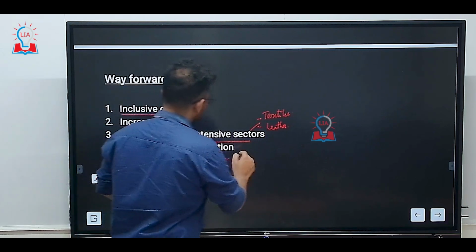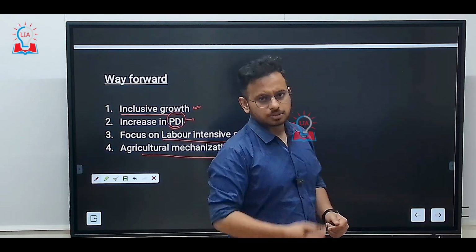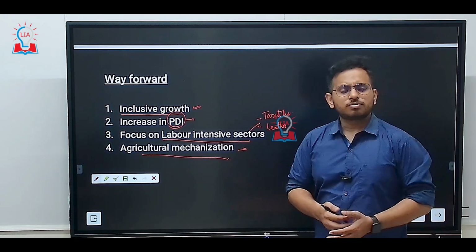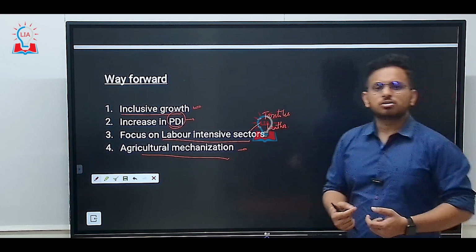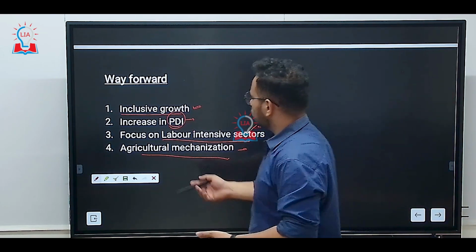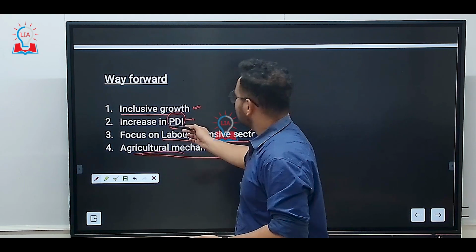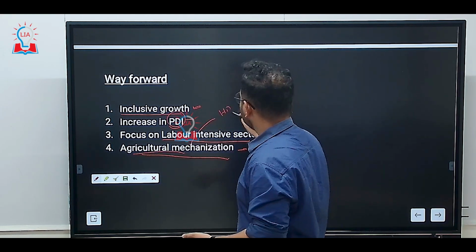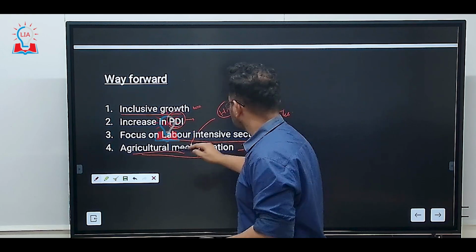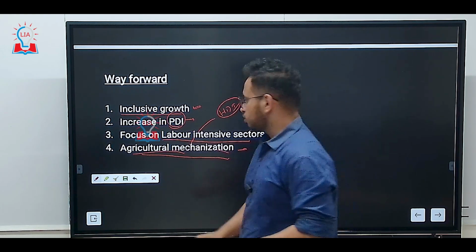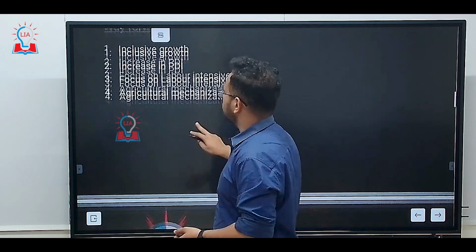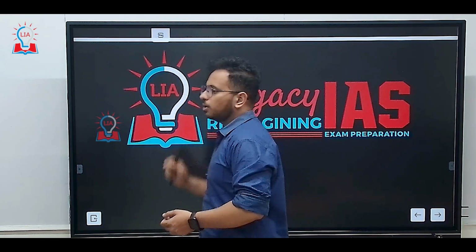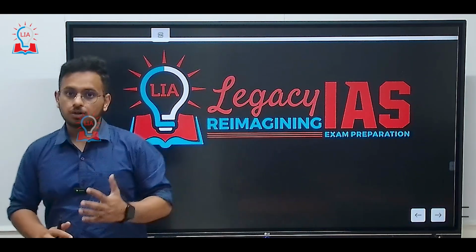Agricultural mechanization is the most important thing if you want to double the farmers' income, because let's say 40% of India's population still depends upon agriculture or allied activities, and if we want to make sure that these people have higher PDI, and higher HDI, then the only thing that we can do is agricultural mechanization to boost their income. So this is about the way forward and the conclusion.